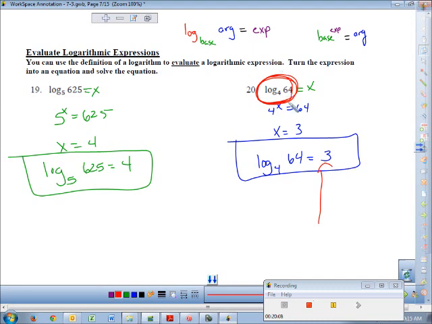Because this number right here, this argument, is a power of 4 in the first place. So when I give you this scrambled junk of weird stuff like log base 5 of 265, you could really substitute 4 in its place instead, because those are the same number right there. You with me on that?